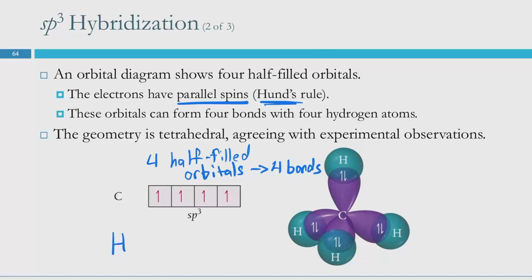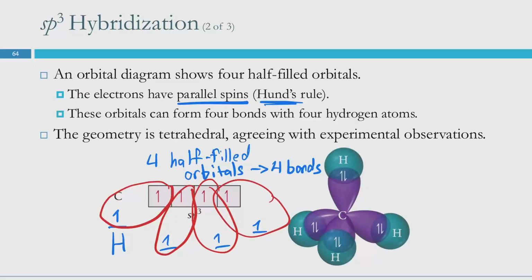So if we've got 4 hydrogens, they can come along and they can pair these half-filled orbitals. Let's make a big mess of this whole thing. So that's how we're able to get 4 bonds out of our carbon.